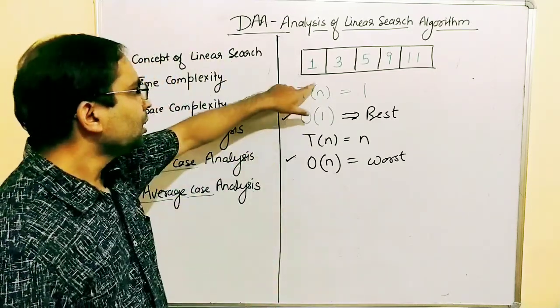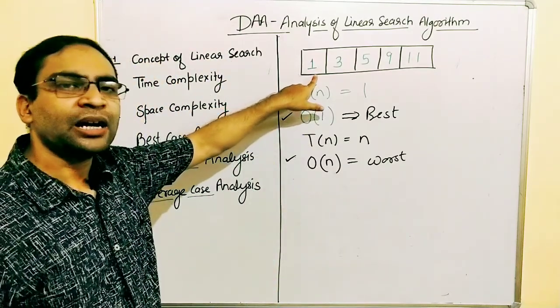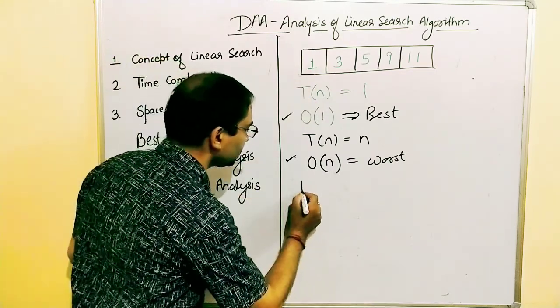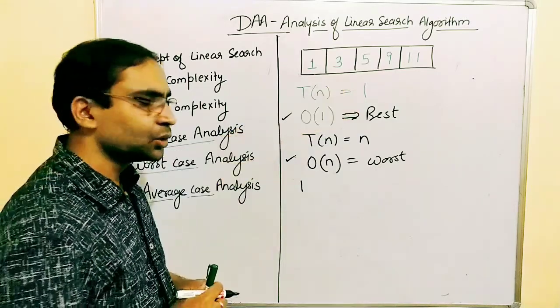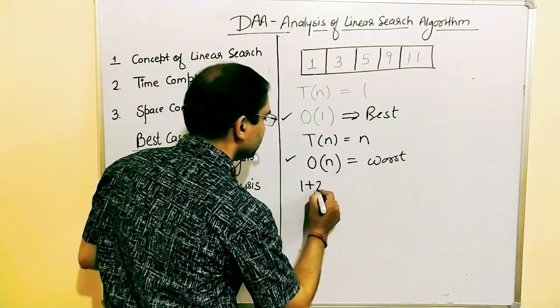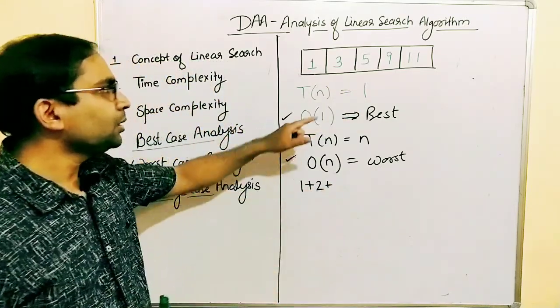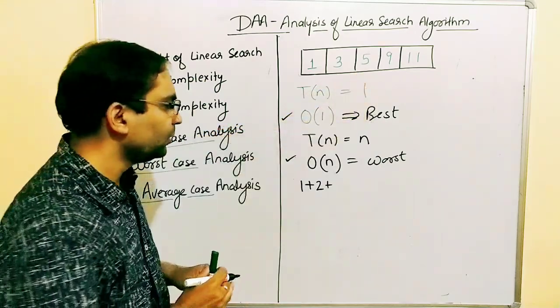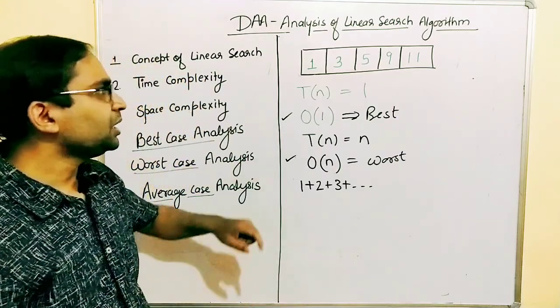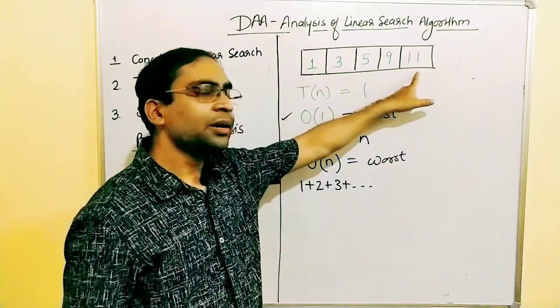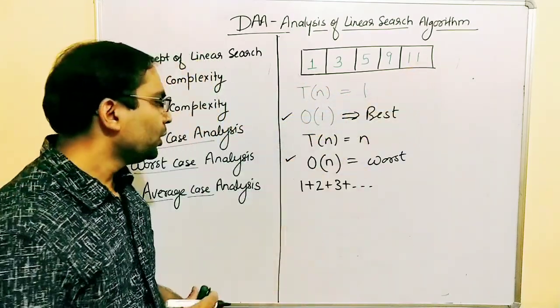Let's say the time taken to find the element at first index is 1 instance, then the time taken to find the element at second index will be 2 instances. Similarly, the time taken at third index will be 3 instances, and so on. And the time taken to search the element at nth index will be n.